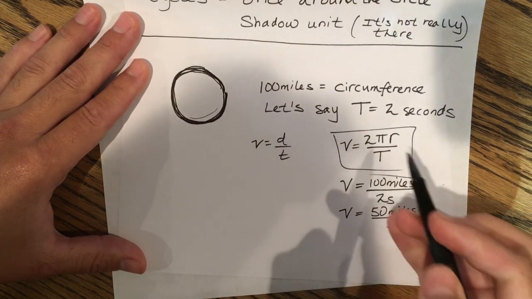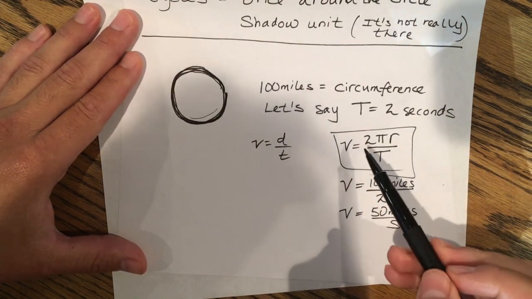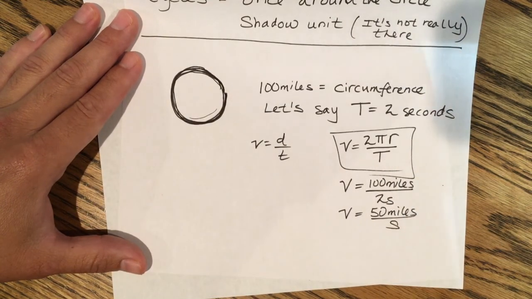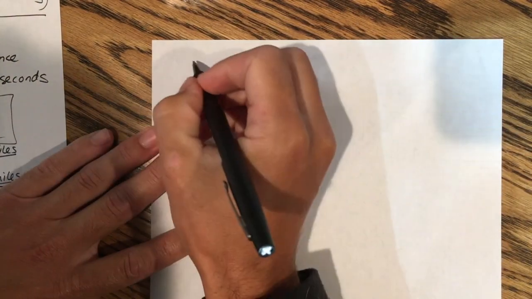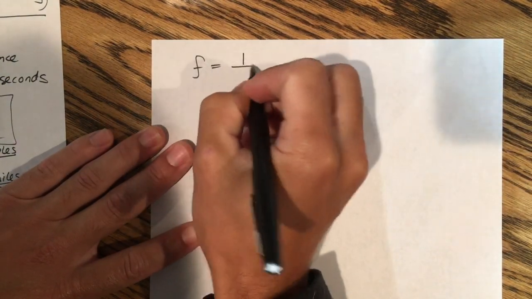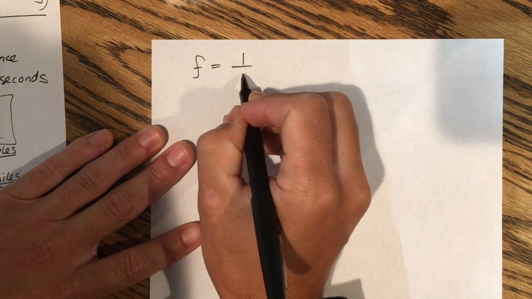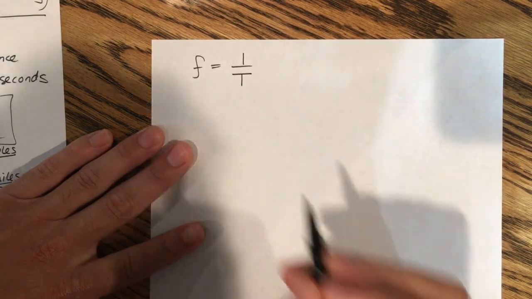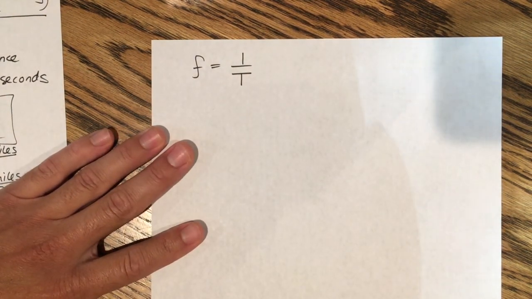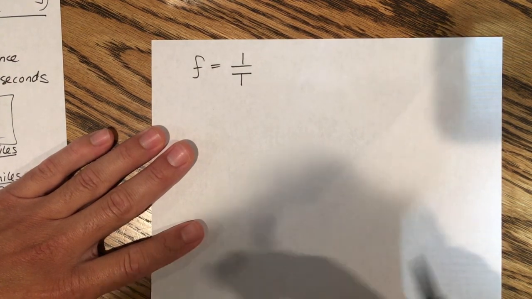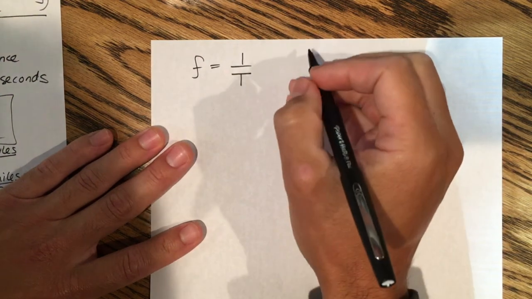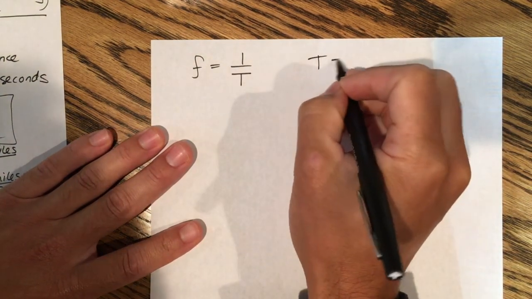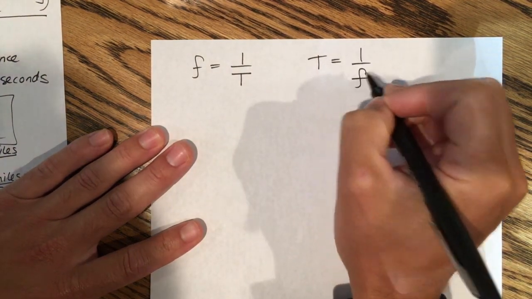Okay, so we have a formula relating velocity and period. Well, we can do a couple things with that, right? We can remember just offhand that frequency is equal to 1 over the period, or the reciprocal of the period. And we could also say that the period is equal to 1 over frequency.